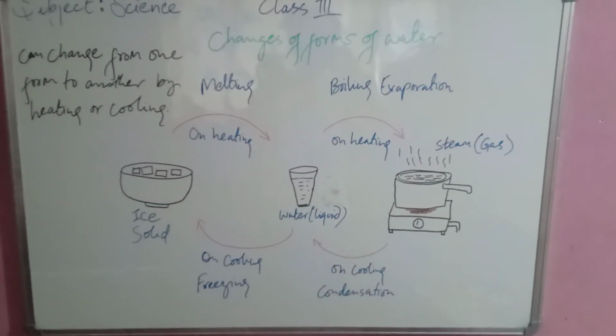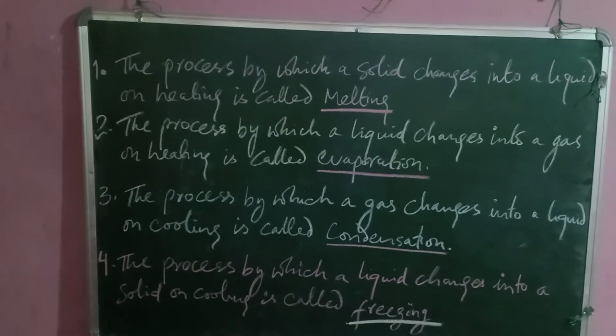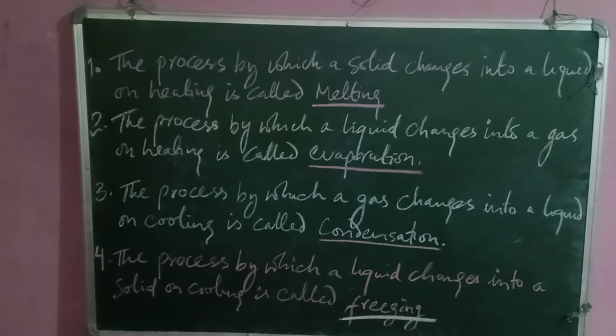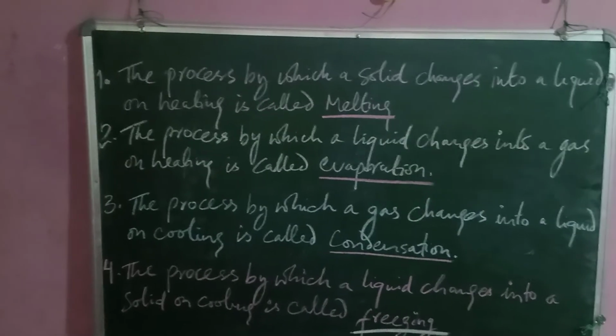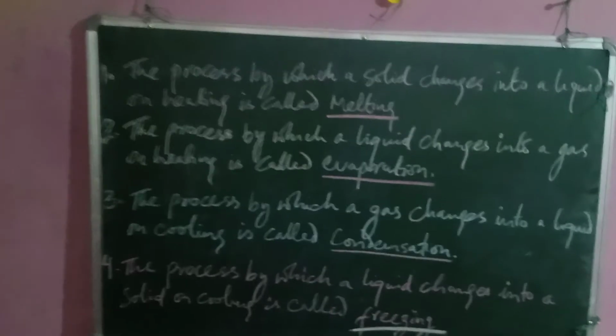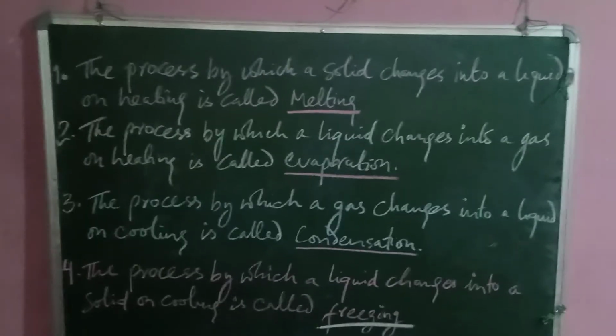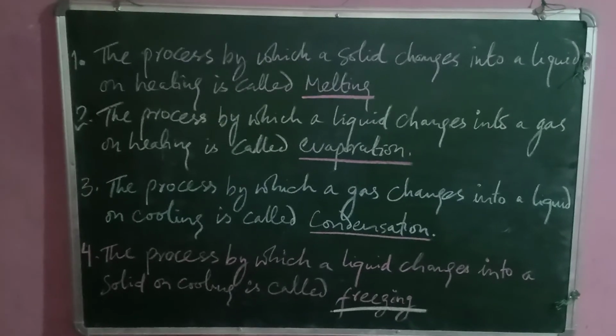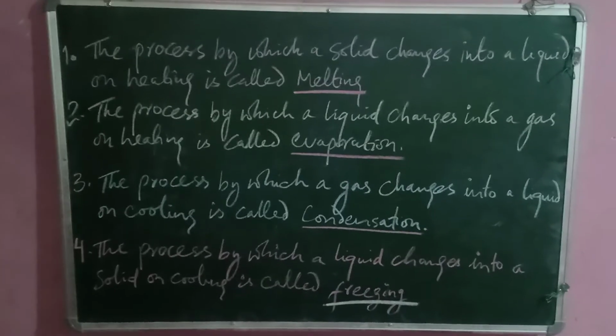Moving on. So these are the main four processes which we come across in this chapter or in this lesson. The process by which a solid changes into a liquid on heating is called melting.